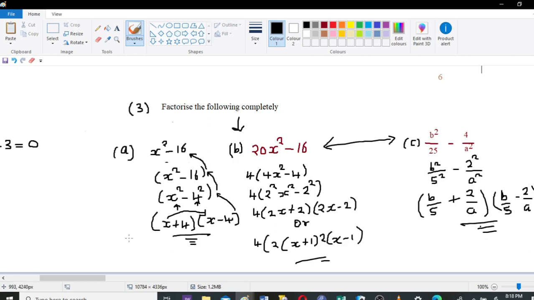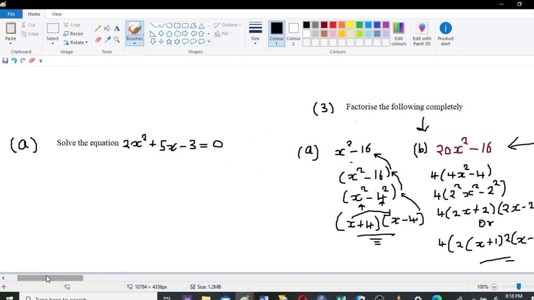Okay, so now we can use this knowledge that we have used to solve these 3 questions to solve this equation here. Okay, so this equation that we have, how can we solve it? Okay, so to solve this question, you can use completing the square method.